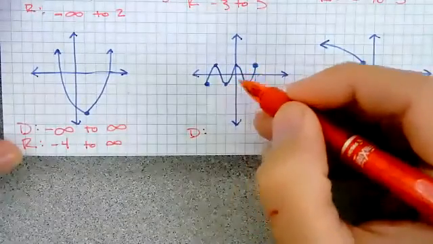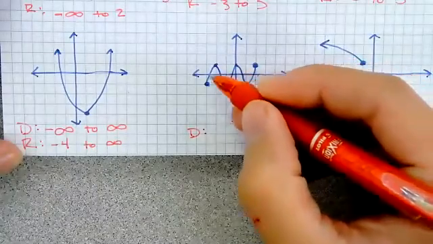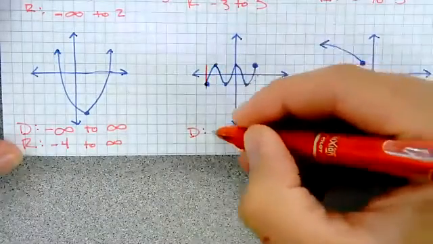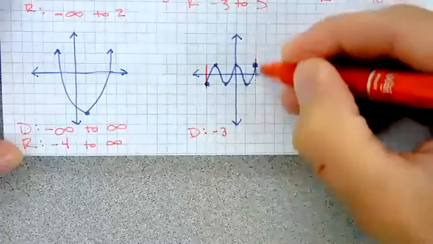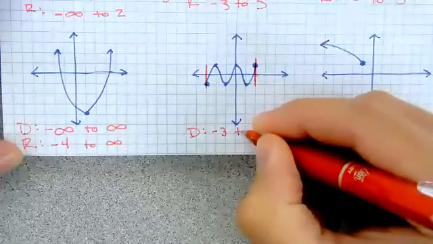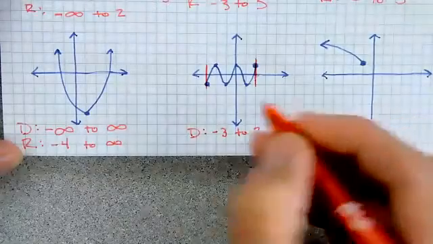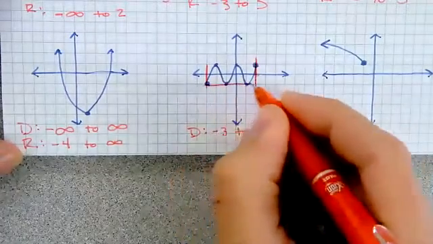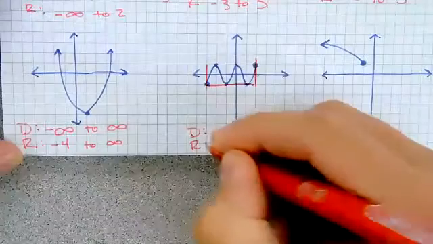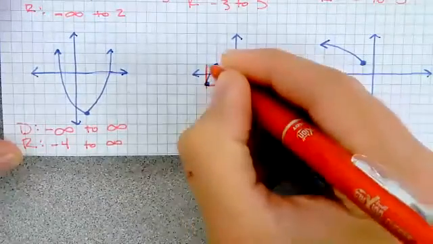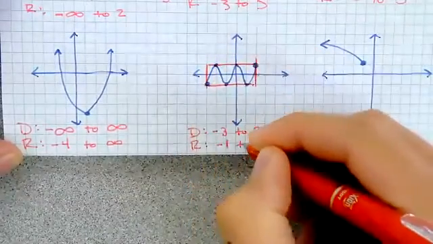Domain for the second one, furthest value to the left is at -3. Furthest value to the right would be +2. For my range, my lowest value is right here at -1. Highest value would be then at +1.